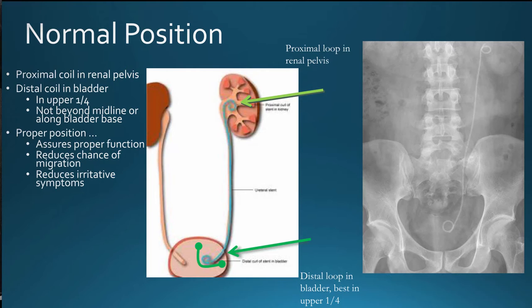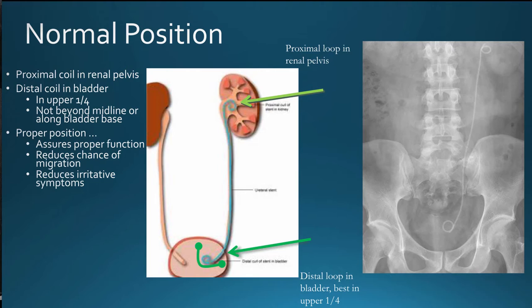Four to five centimeters distant from the ureteral orifice, but not so long that it's going to butt against the distal bladder wall. And the KUB on your right illustrates a good or well-positioned ureteral stent.